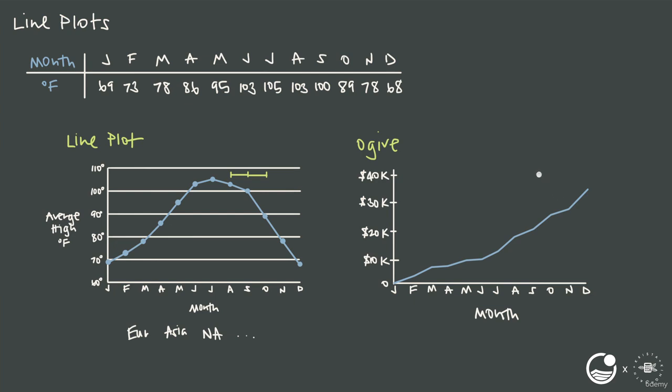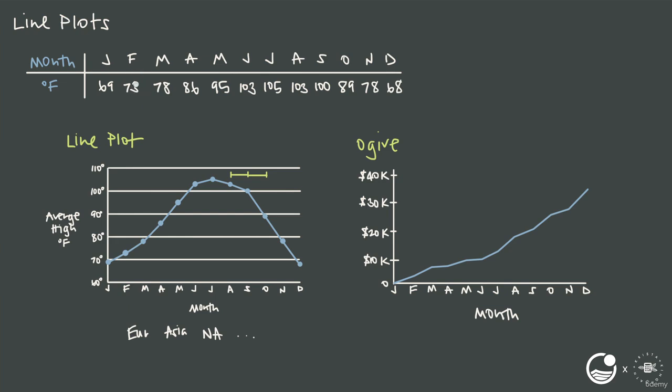And then finally, we just want to say that in the same way that a line plot is only appropriate for certain types of data, ogives are also only appropriate for certain types of data. For instance, even though a line plot works really well for temperature data, an ogive doesn't really make sense at all for temperature data. If we're working here with this temperature data, we would show a temperature of 69 for January, but then a temperature of 69 plus 73, or 142 degrees for February.